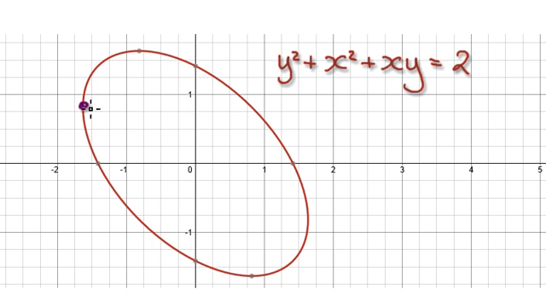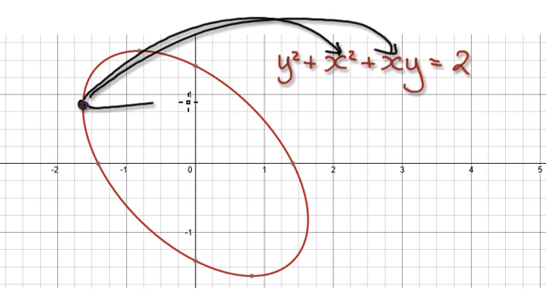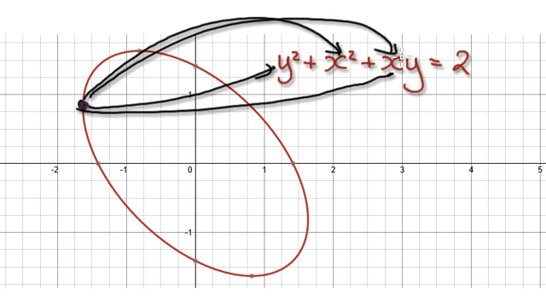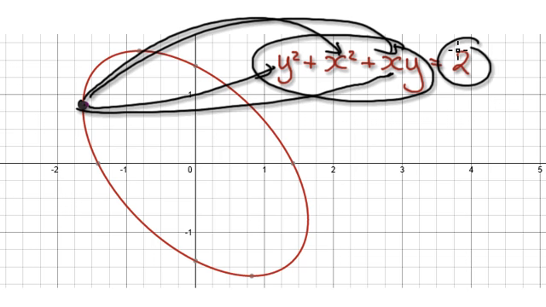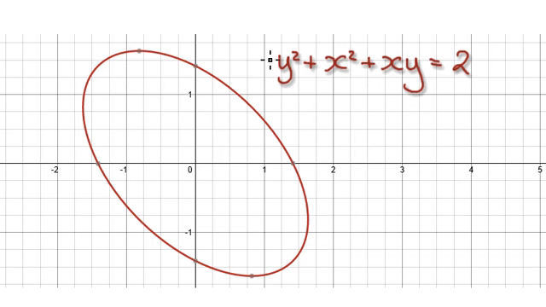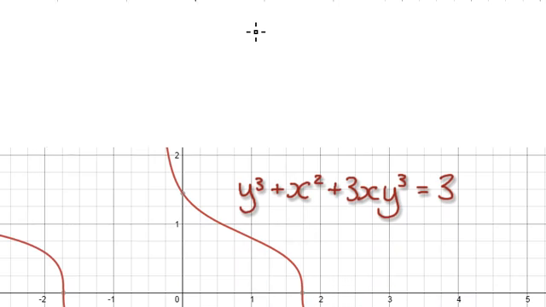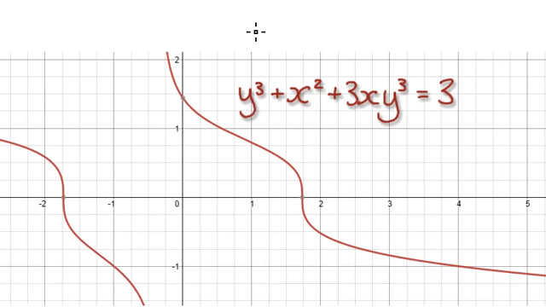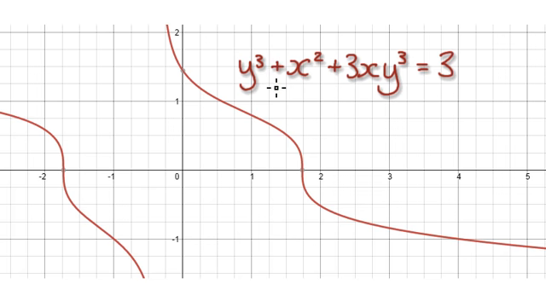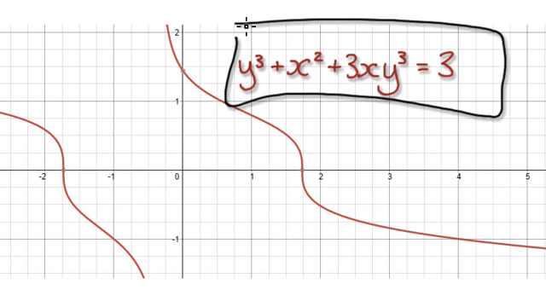Select another point anywhere on here, let's say this one here. You put the x into here and into here, and the y into here and into here. Then this whole side will equal this side. It's just another way of expressing an equation, I guess. If you punch this into your graph plotter, it will give you this weird line here, and this is another way of communicating with the computer on how to sketch this graph.